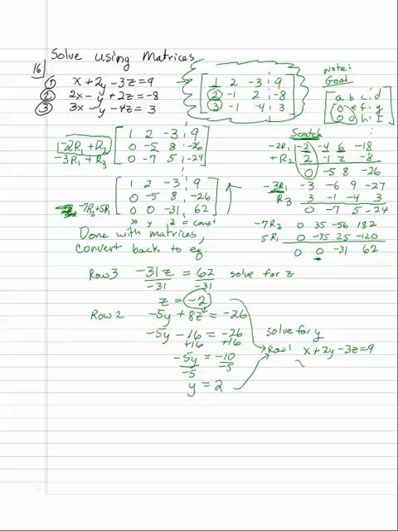So now we know y is 2, z is negative 2. So we get x plus 4 equals 9. X plus 8. Oh, I'm sorry, we're going to solve it for x. So subtract 8. X equals 1.